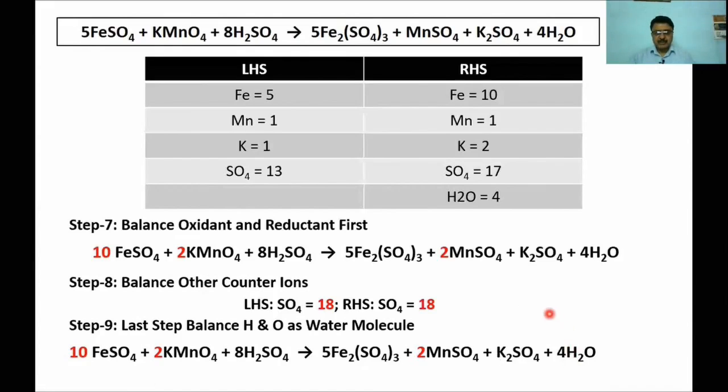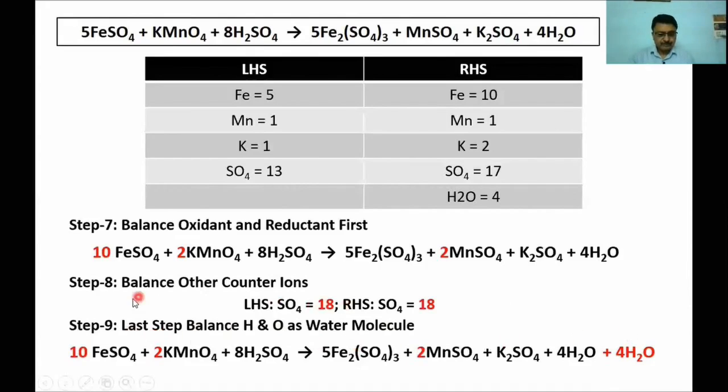So as per the rule, we shall balance oxygen and hydrogen as water molecules. So how many are deficient? We have 4 water molecules deficient. So I am going to add 4 water molecules, right? You can see that our whole equation is balanced now.